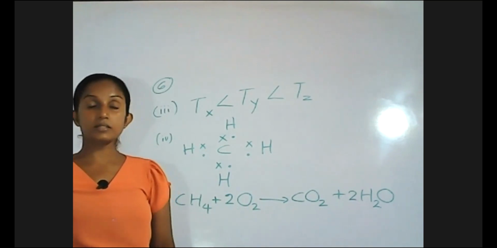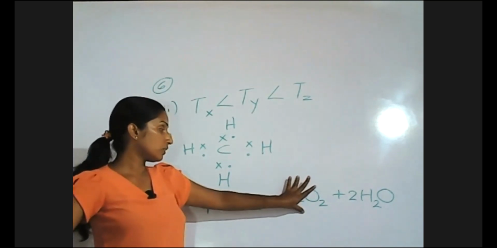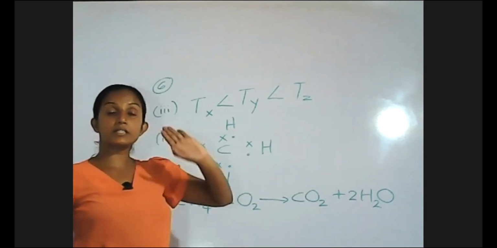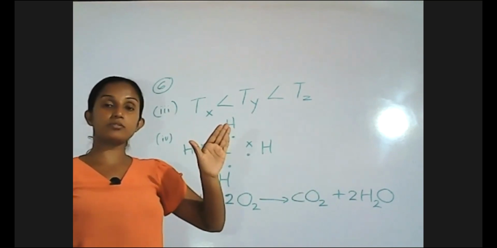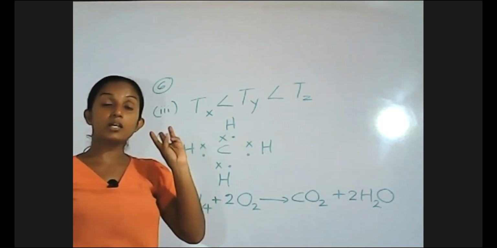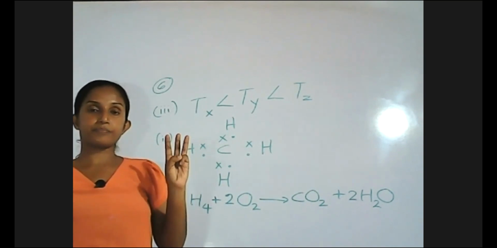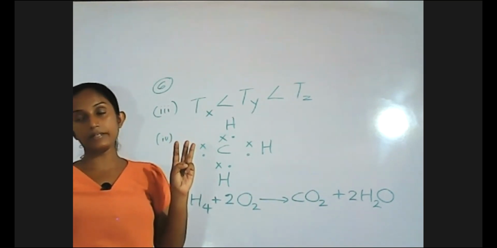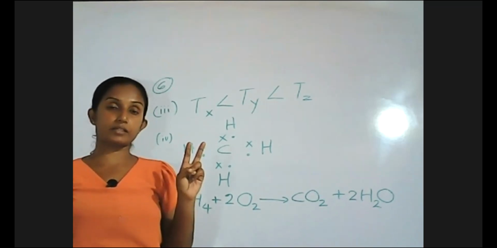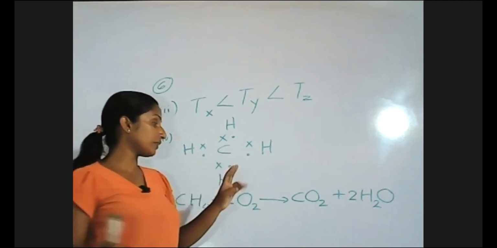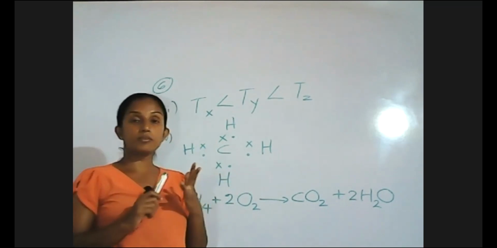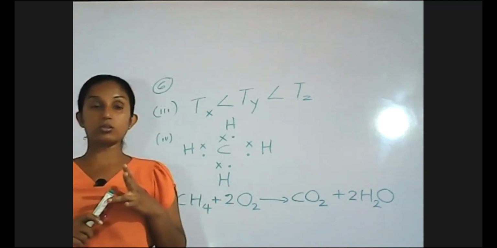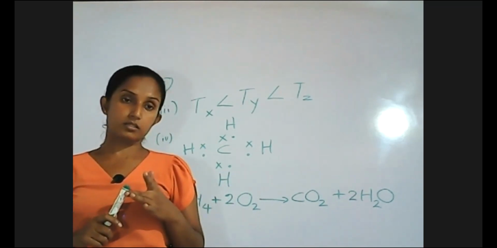What is the main one? Because of the high concentration of carbon dioxide in the atmosphere, it affects global warming, right? Global warming, that is one thing. And the photochemical effect, and also acid rains, right?